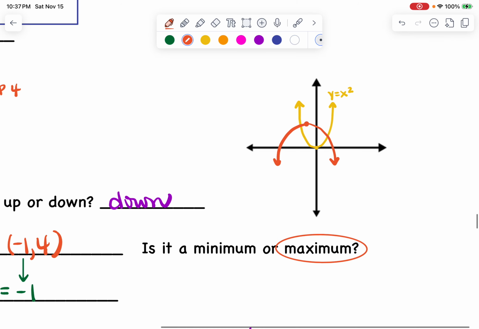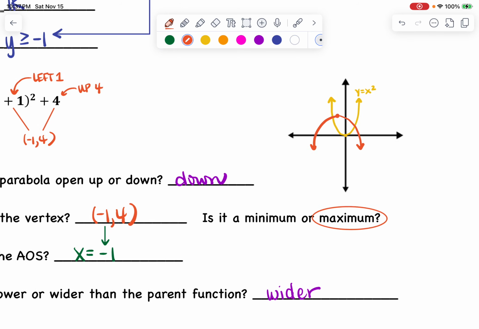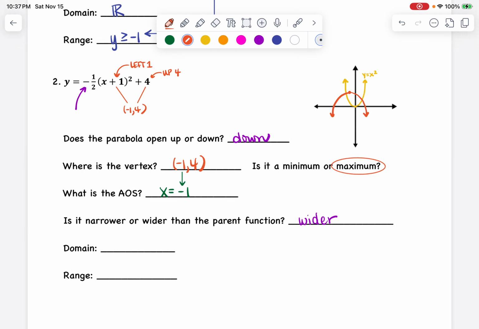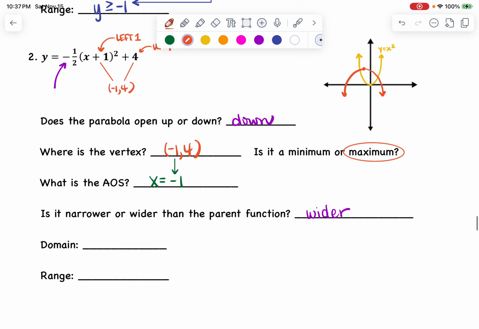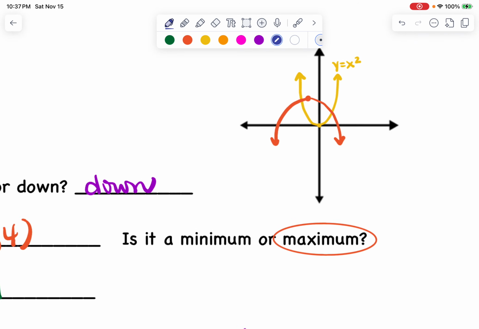And again, we're just sketching. So we're just getting that idea. If you want to put it in Desmos to see how much wider, you're more than welcome to. But as long as I'm visibly sketching it wider, that's really all I care about. All right, what is the domain and range? Obviously, the domain is all real numbers, and the range is y is everything less than or equal to 4.